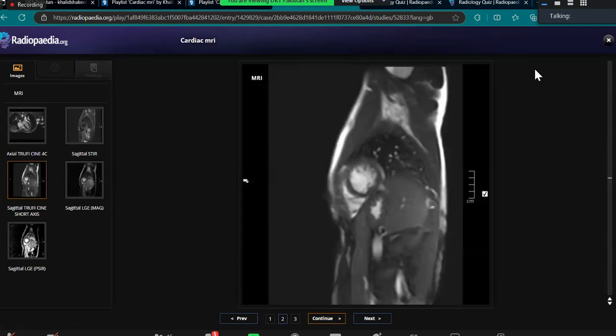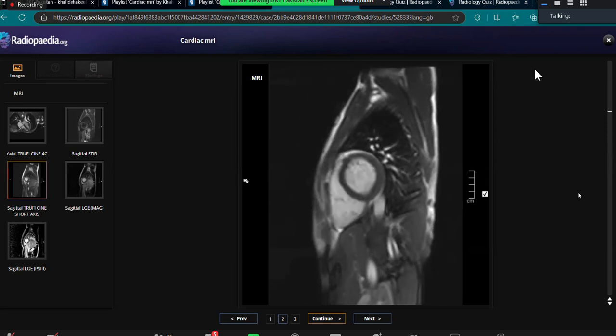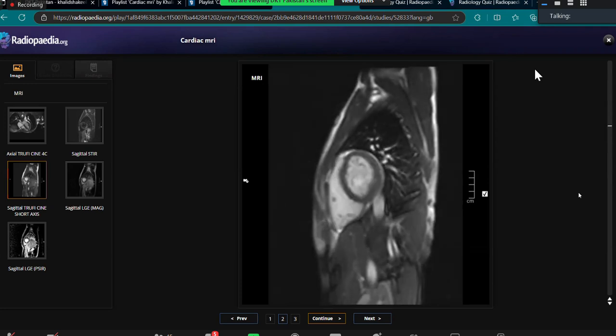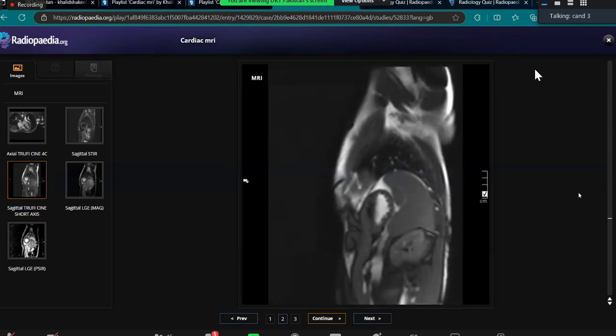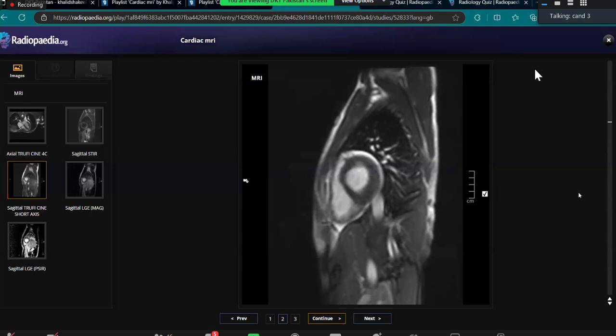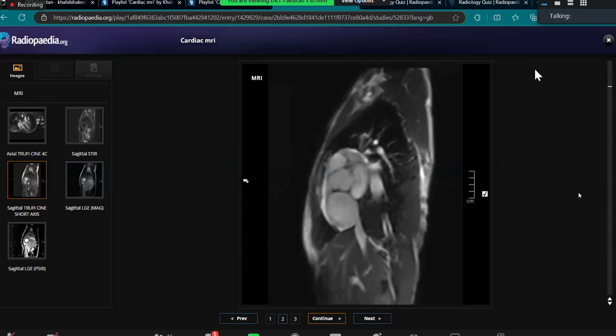Okay. Short axis views. As the patient has raised cardiac markers with a normal ECG, I'm suspecting an inflammatory condition of the left ventricle.